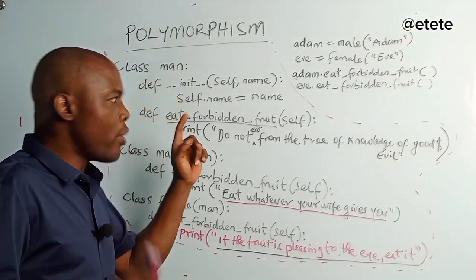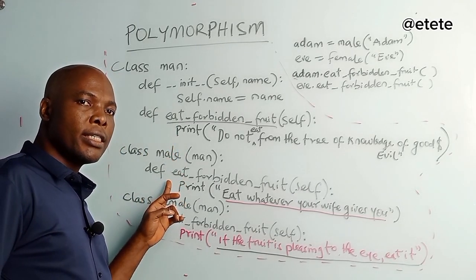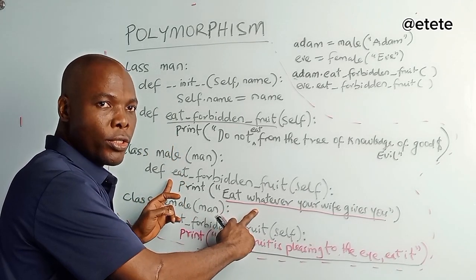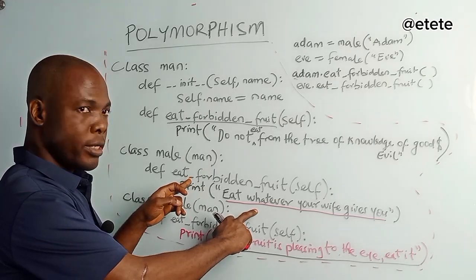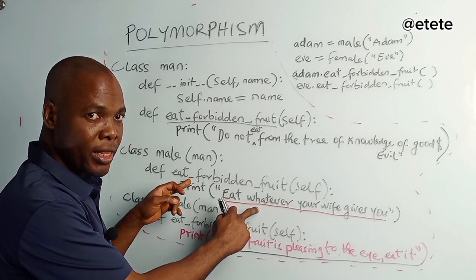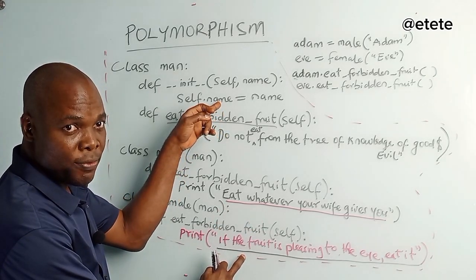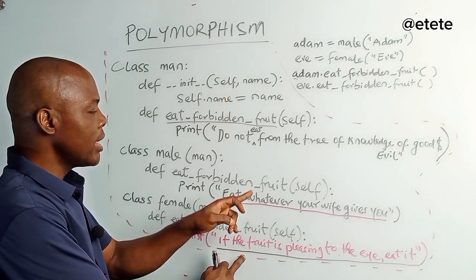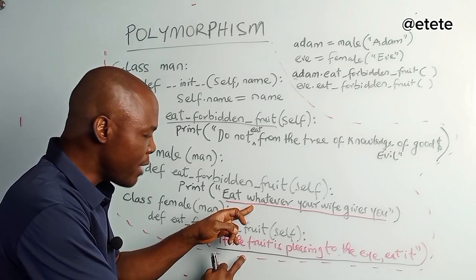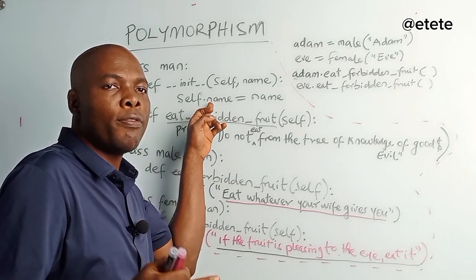But the behavior is in this class. Now you are calling it in this child. So he's implementing his own, the same method, the same behavior, but what you are going to see as the output is different from that of the parent. And what you are going to see as the output of this female is different from that of the parent, is different from that of the male. It therefore means that this method inside the parent class is polymorphic.